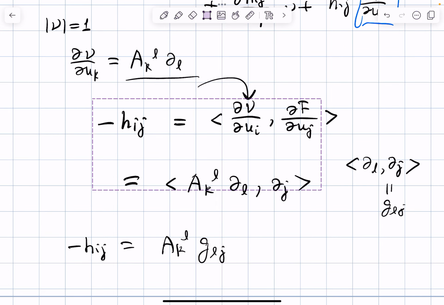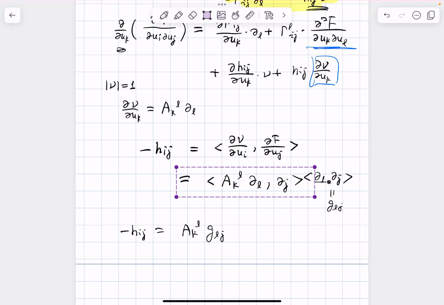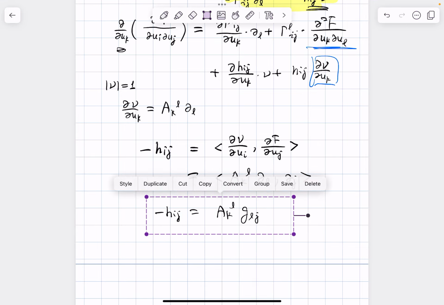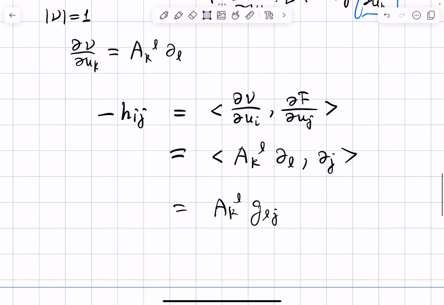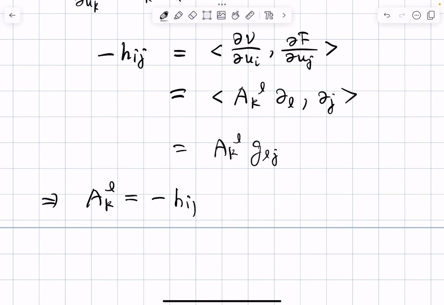I can just leave it there. This is equal to this, right? Hence, we multiply by the inverse of it, which is denoted by the upper indices, and we get minus h_ij g^lj.